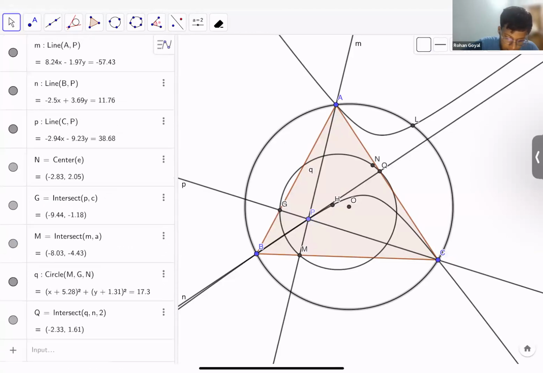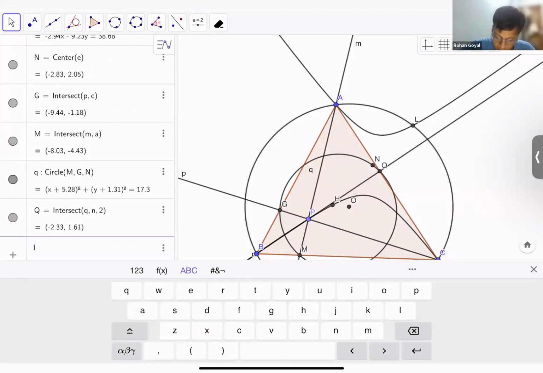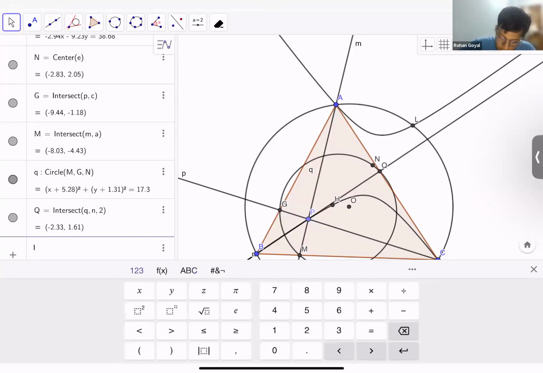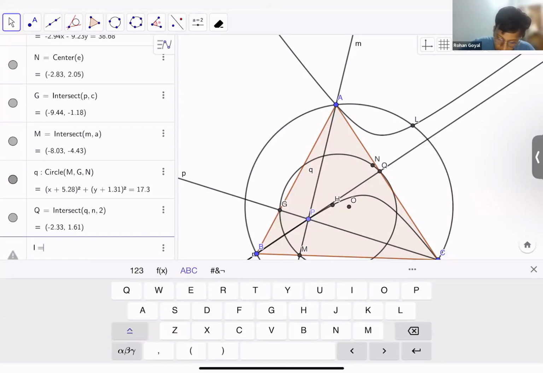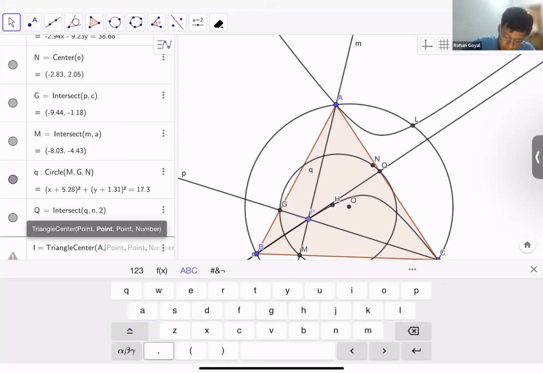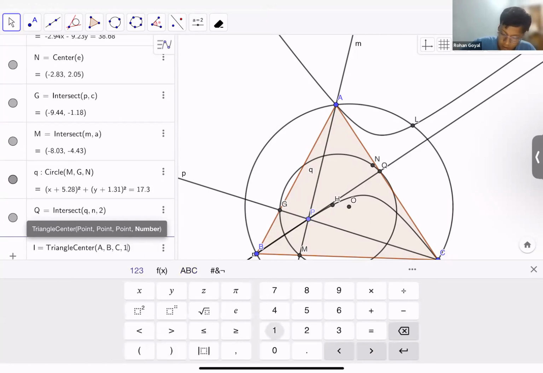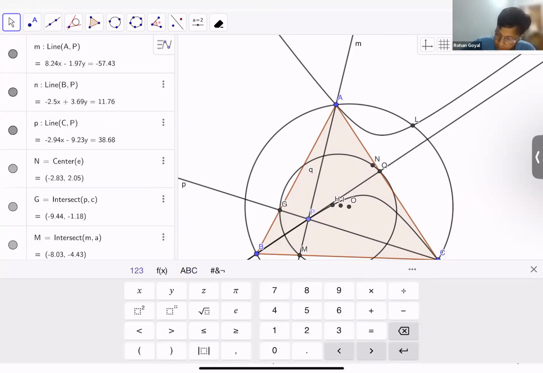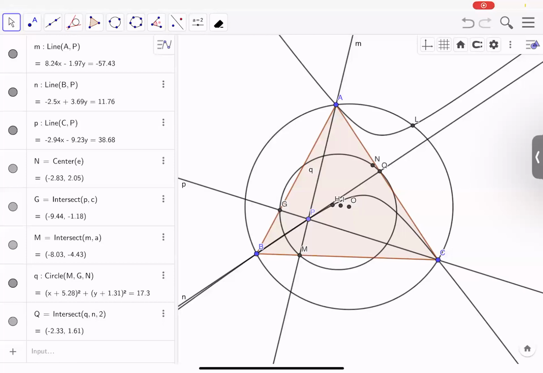Okay, I'll define I as the incenter. This is interesting because the isogonal conjugate of I is I itself. Yes.